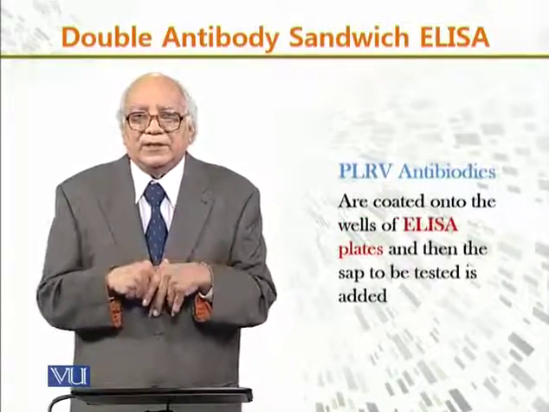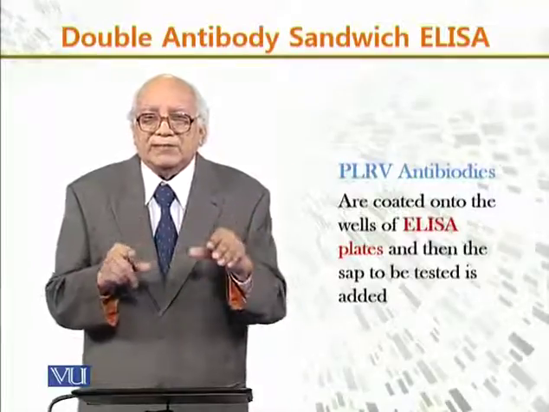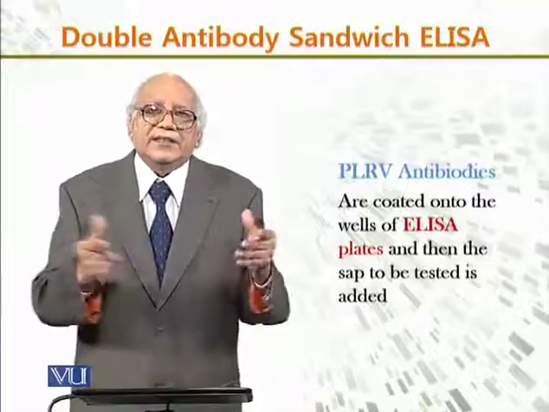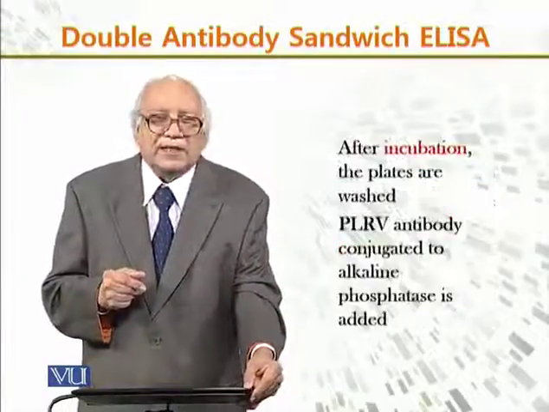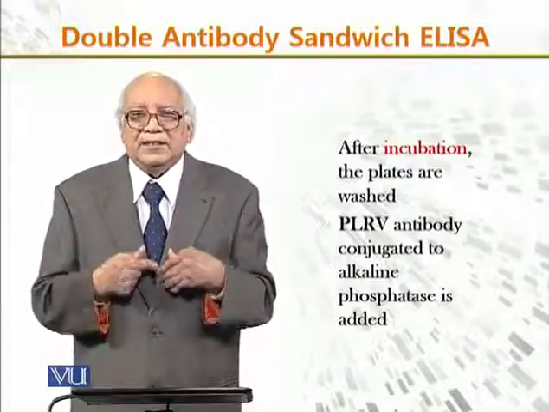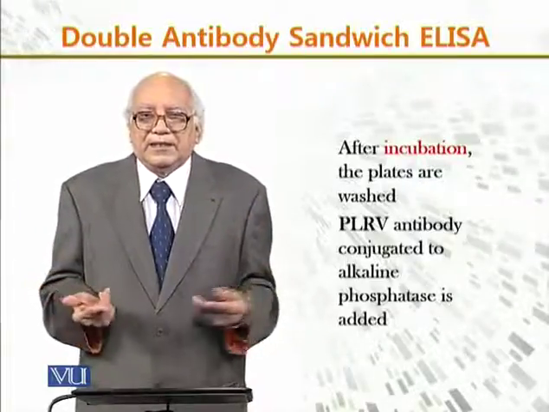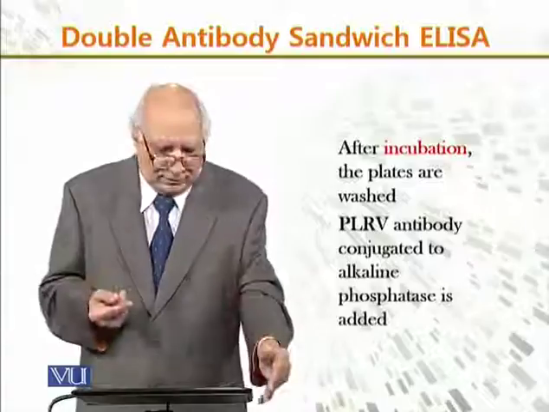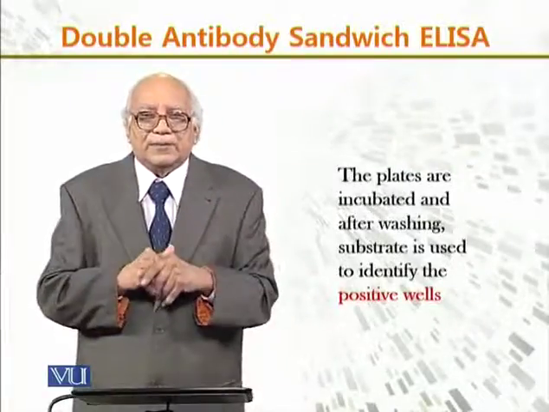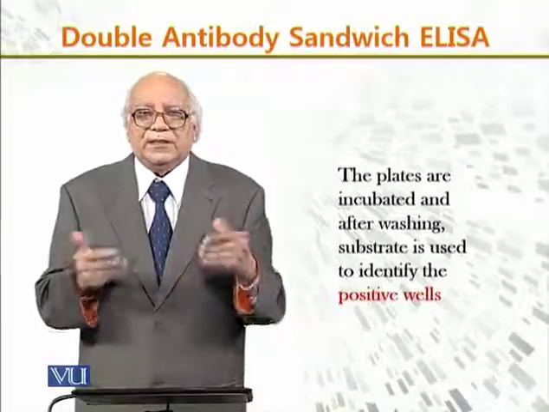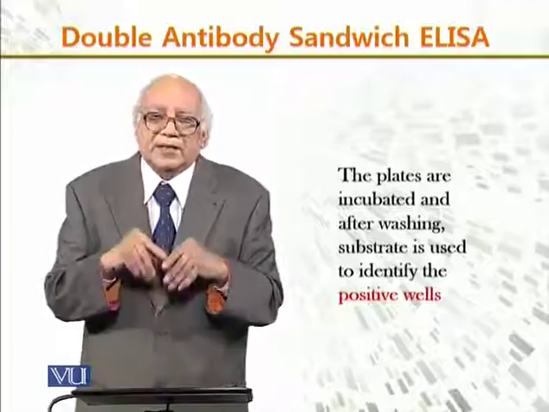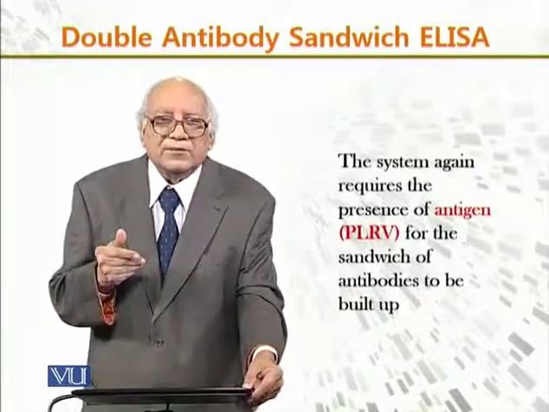PLRV antibodies are coated on the wells of an ELISA plate, and then the sap to be tested is added, as is done with blood, and after incubation the plates are washed. PLRV antibody conjugated to alkaline phosphatase is added, and the plates are incubated, and after washing, substrate is used to identify the positive wells.